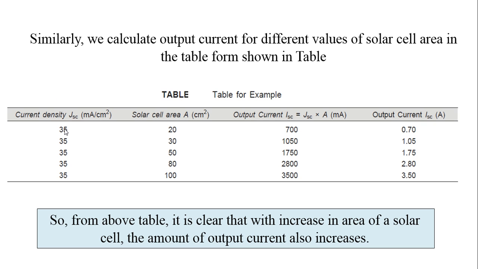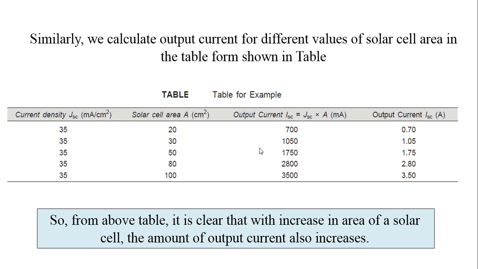As can be seen, the current density is the same, the cell area has the 5 possible cases that were asked in the numerical, and the output current, that is ISC. The output current increases as the cell area increases, and similarly the ISC in ampere has been found.